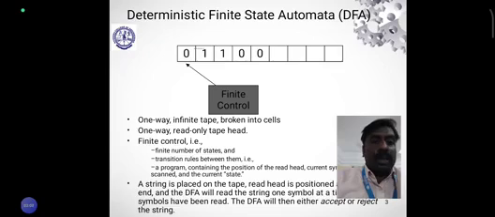The arrow mark is the tape head, or a pointer, which helps to read the string presented on the input tape. The finite control has a finite number of states and transition rules among the string. Transition rules provide a language to the strings.